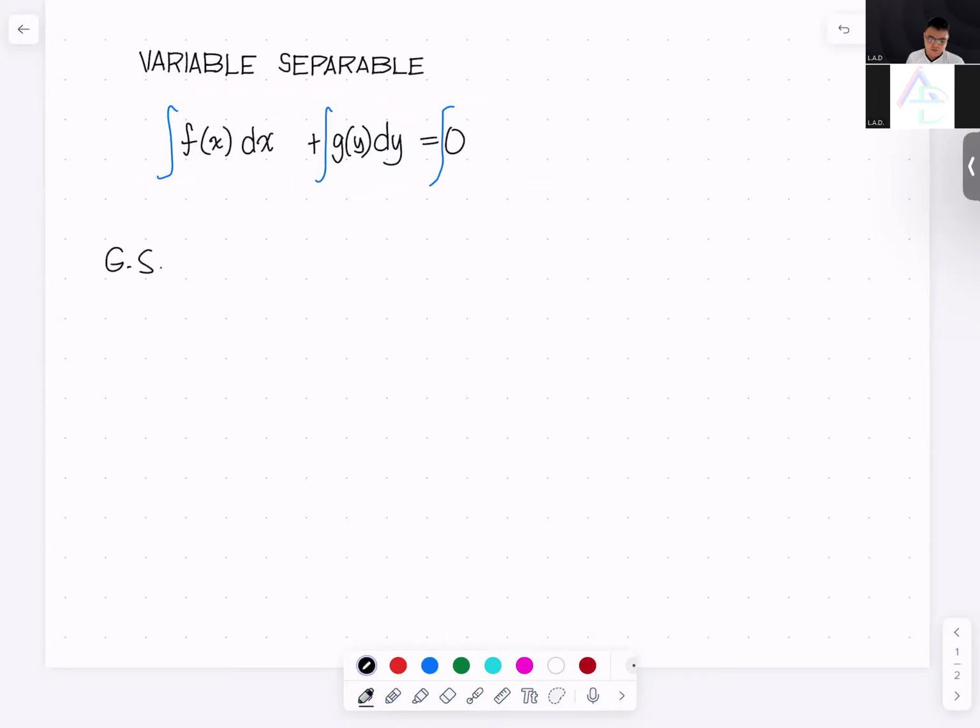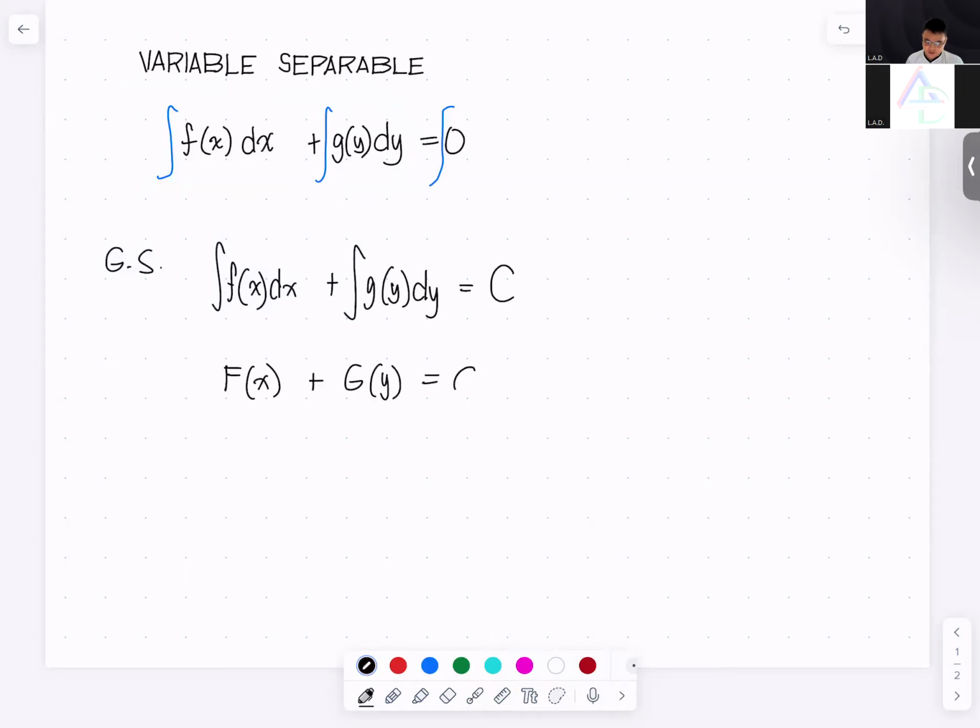So the general solution here is the integral of f of x dx plus the integral of g of y dy, and this is a constant c. In some books, they write the integral of f of x as capital F, and the integral of g of y as capital G, equal to c.